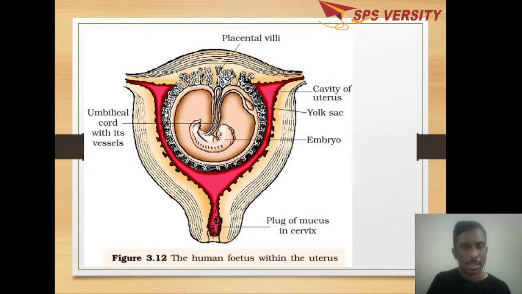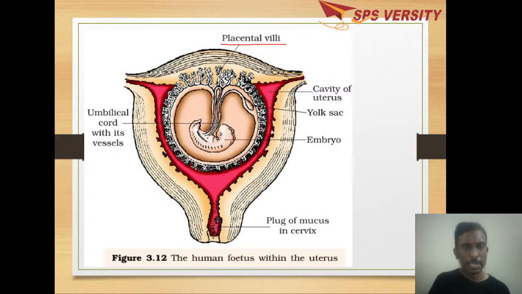Between the fetus and the mother there is a barrier called the placenta, which forms a connection between the fetus and the mother's blood.